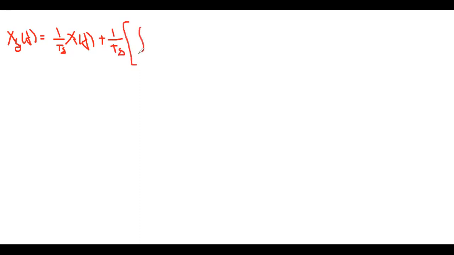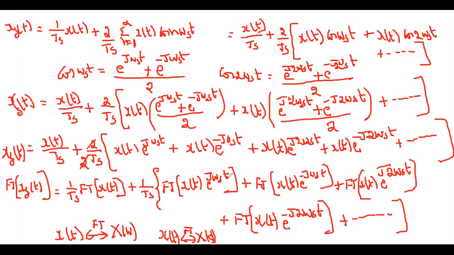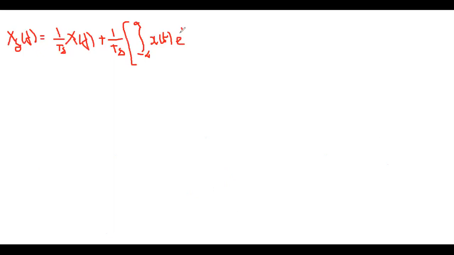What is the Fourier transformation? Integral minus infinity to infinity, x of t e power j omega s into t, this total function is the x of t signal into e power minus j omega t dt.